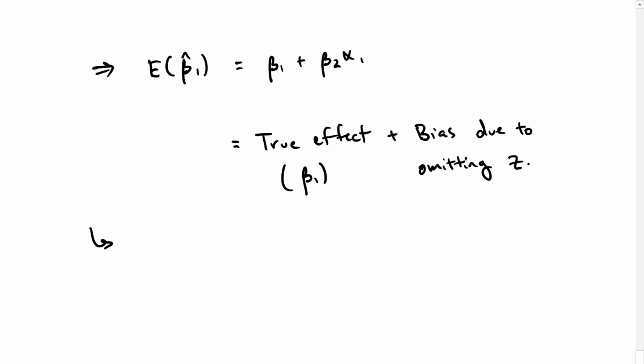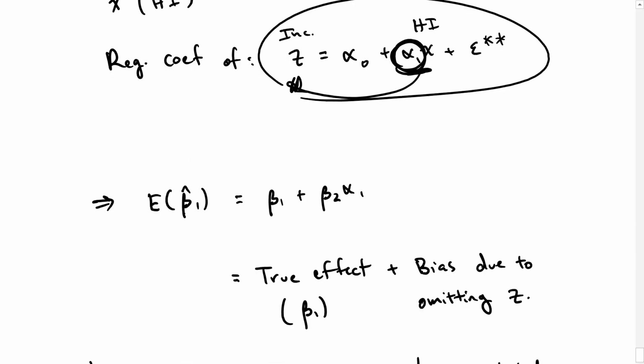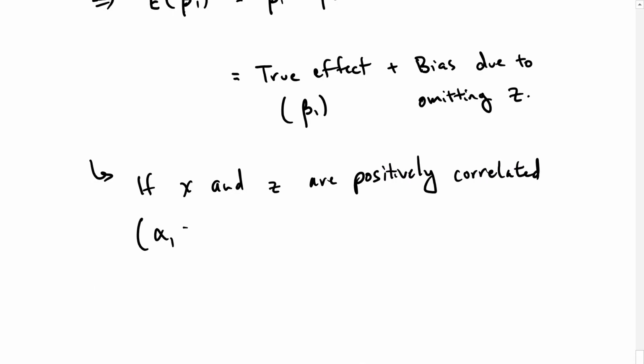And if x and z are positively correlated, that is, if that alpha 1 in this regression equation is a positive alpha 1, then the bias will be upward and vice versa.